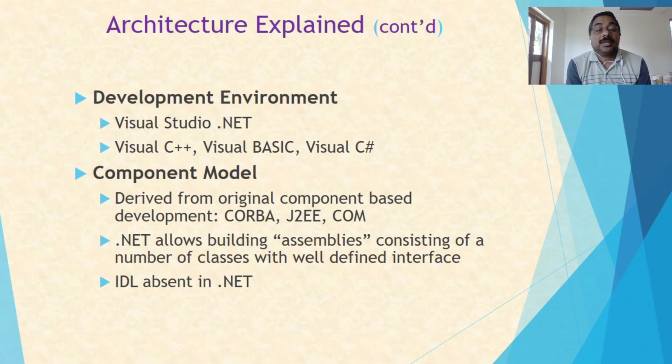The architecture contains the development environment where we can write our source code with Visual Studio .NET in languages like C++, Visual Basic and Visual C Sharp, as well as Java, etc. There is a component model which is derived from original component based development, that is CORBA, J2EE, and Component Object Model, that is COM.